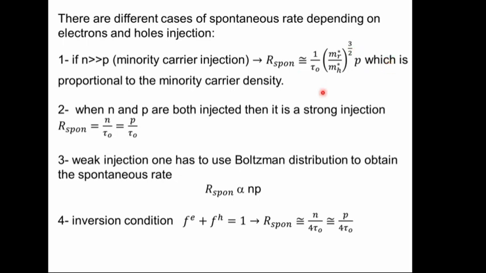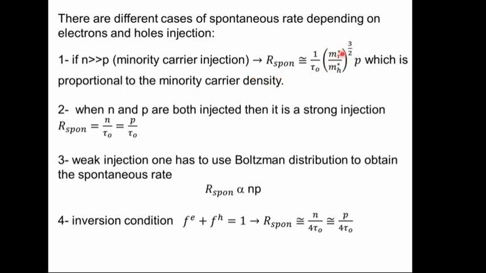So in that case, we said that if I have a majority of N and minority of P, then this is what it would be. So I will, of course, specify for you what type of material we have, if I'm talking about N or P, and then you can, of course, let's say I'm talking here about P being much greater than N, then the minority will be N, then the spontaneous rate will be 1 over tau due to N, of course.